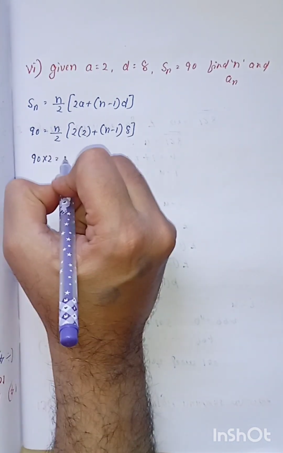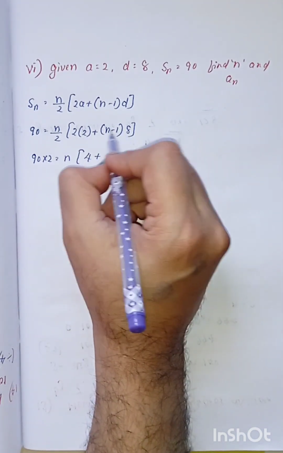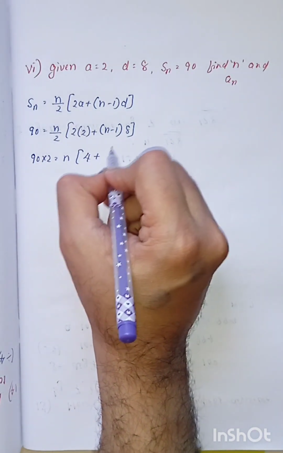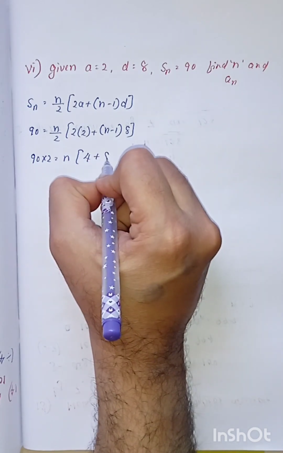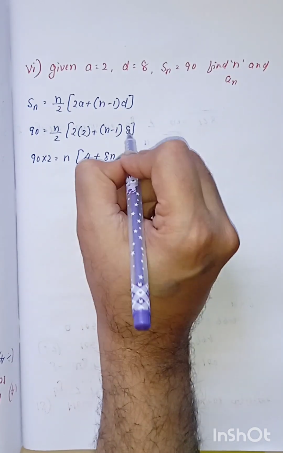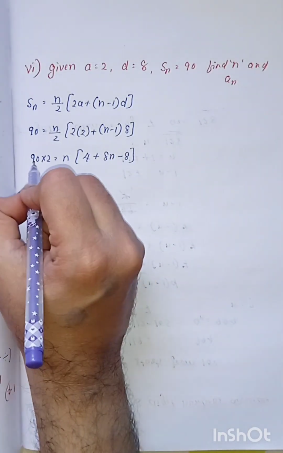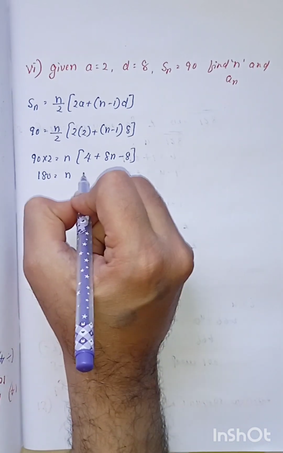90 into 2 equals n, 2 2s are 4, plus then multiply this and this. 8 into n, 8n, minus 8 ones are 8. Then 9 into 2 is 180 equals n.